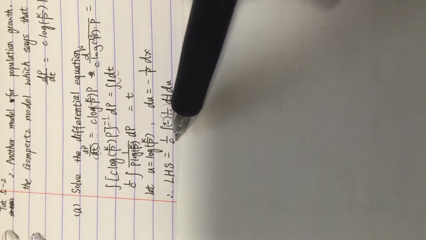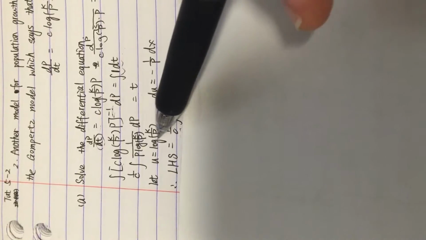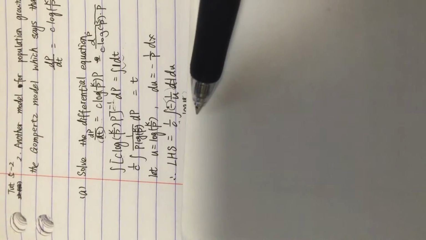So left hand side becomes 1 on c. This part will be minus 1 on u du.